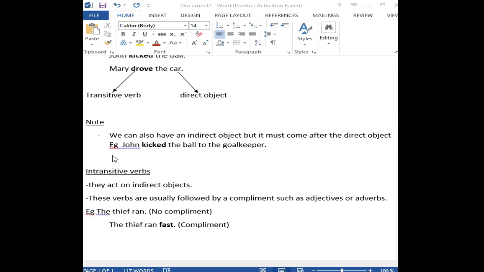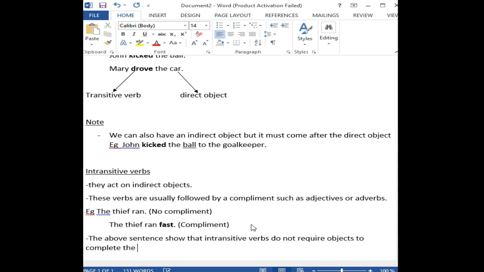The above sentences show that intransitive verbs do not require objects to complete the sense, to complete the meaning. So, sorry for that.